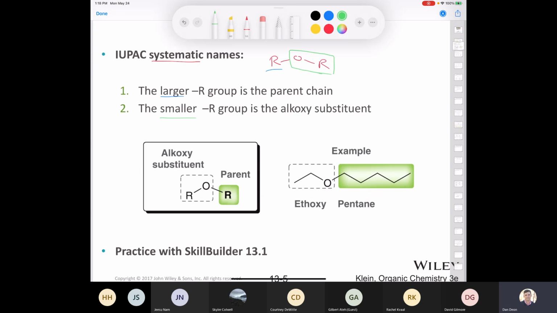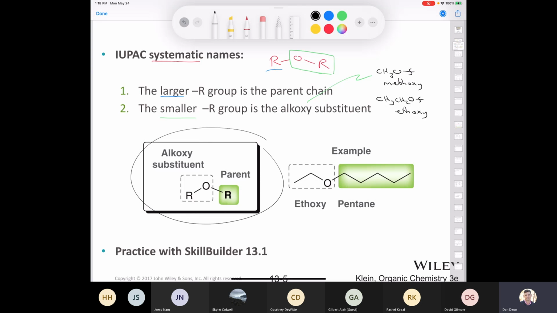Right now, if you're like, what the heck is an alkoxy substituent? If you have a methyl attached to an oxygen like this, it would be called a methoxy. If you have an ethyl attached to an oxygen, this would be called an ethoxy, right? And it would go propoxy, isopropoxy, tert-butoxy, butoxy, isobutoxy, so on and so forth. So that's where those come from. So here you have it.